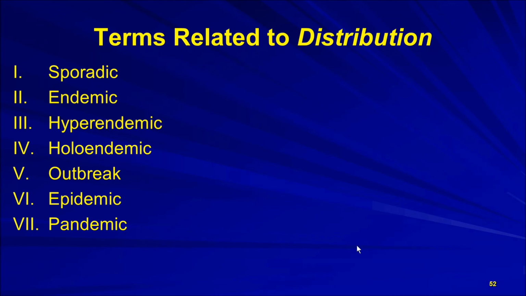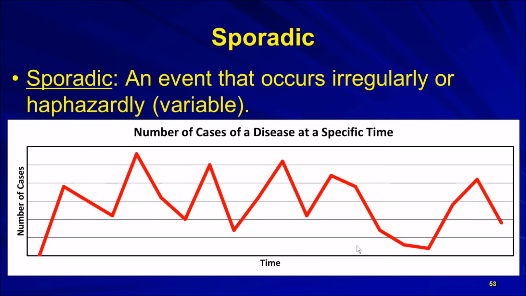Okay. Now, the first term that has to do with distribution is sporadic. And you can read the definition for yourself, and you've seen information in medical practice or in other environments that are displayed as such. But I have a question for you.